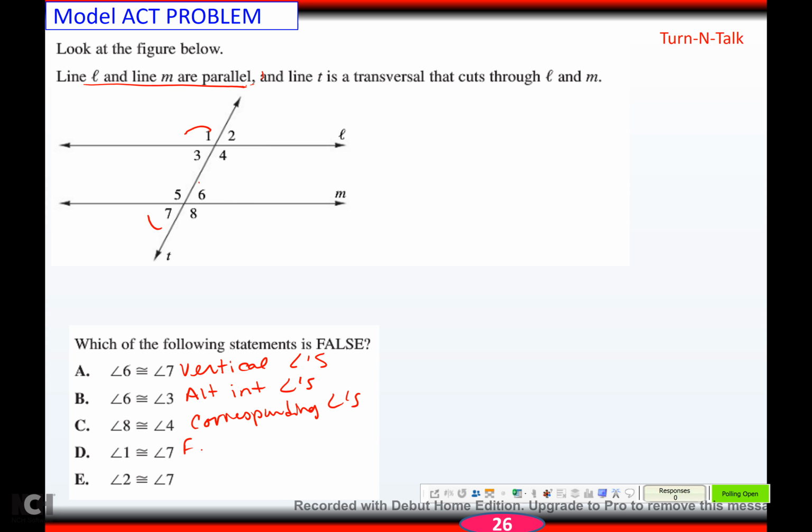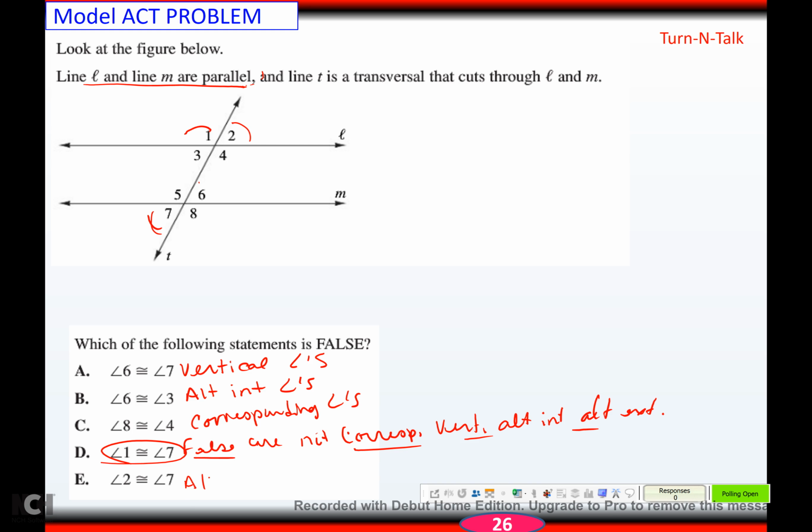Well, that's false because those are not corresponding or vertical or alternate interior or alternate exterior. They're not congruent because they don't fit any of the congruence definitions when two parallel lines are cut by a transversal. So that's the one that's not true. Again, you could stop there, but just to see the other one, 2 and 7, those are alternate exterior angles, so that's true. Okay?